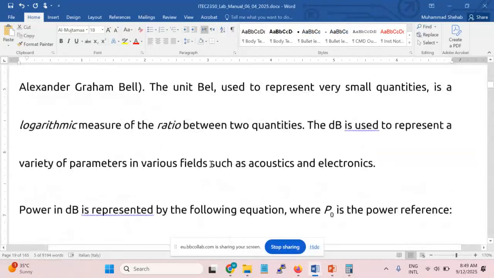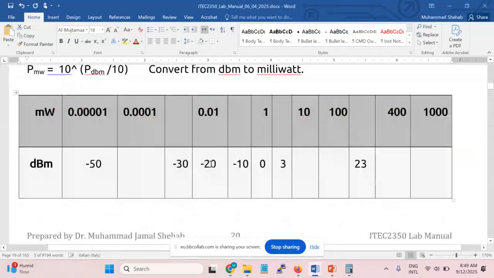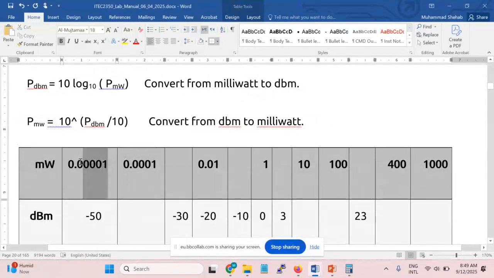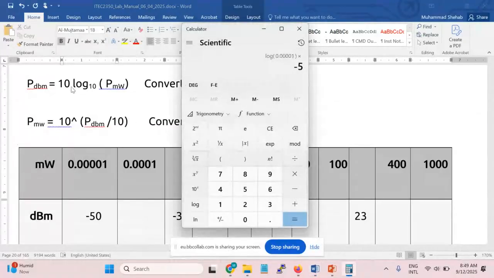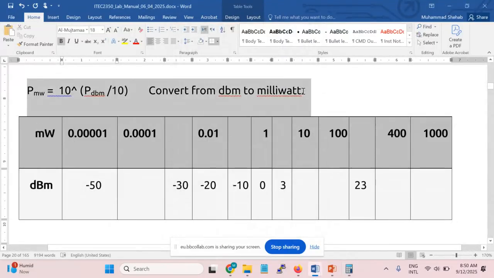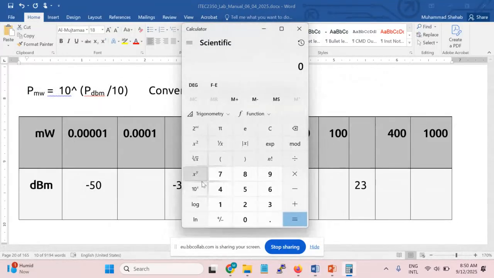So here, when I calculated the log of 0.00001, the result was minus 5. Times 10, because I have 10 log P in milliwatt, equals minus 50 dBm. Let us do the opposite. I start with minus 50 dBm and use the other equation.